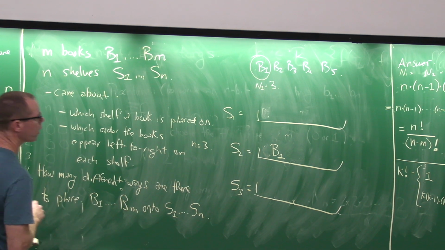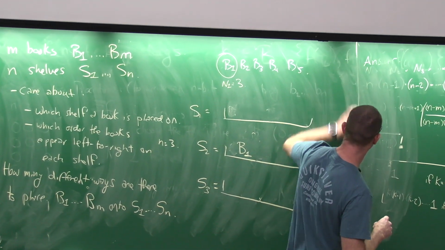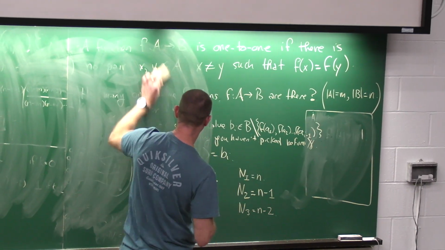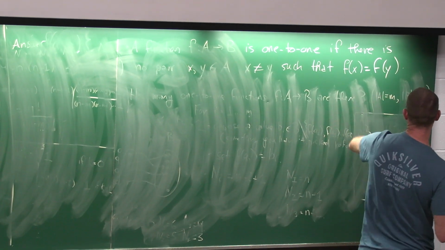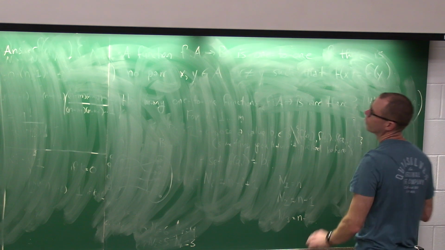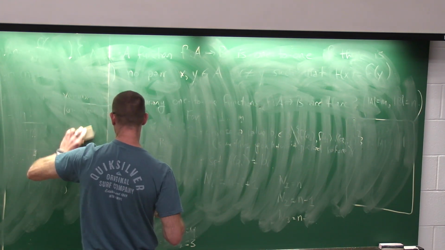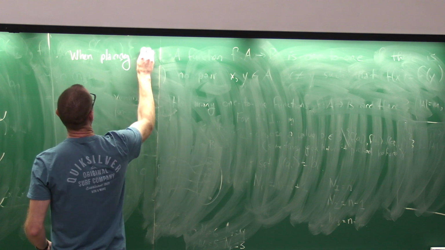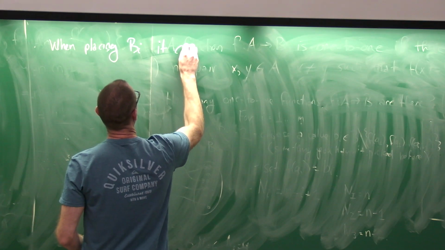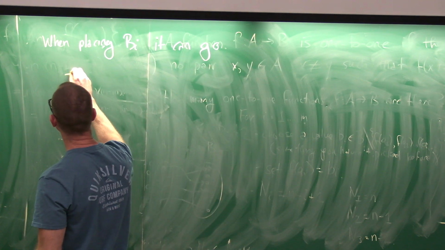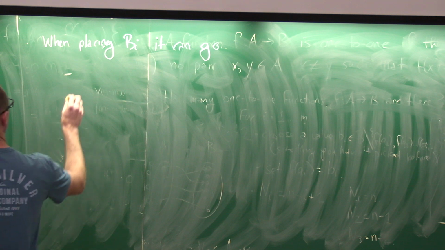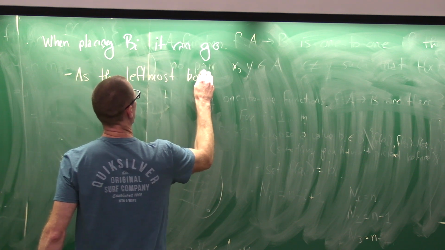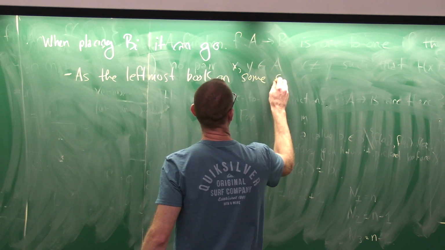Here, let's say when placing BI, book I, it can go as the leftmost book on some shelf.